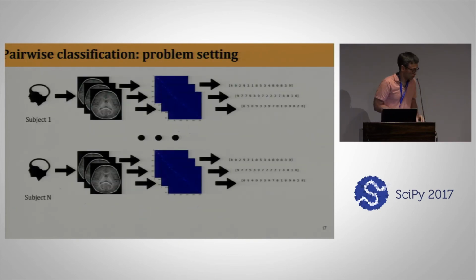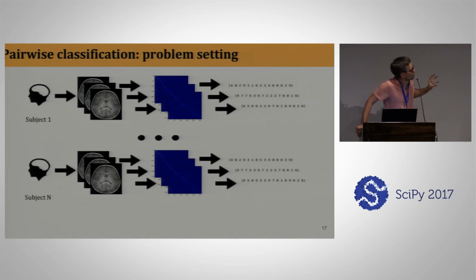So what exactly was the problem? We had different subjects, and for each subject we had different images. In our case, it was test-retest data, so it was images taken with a short difference of time. For different images, we had different brain networks. And for each brain network and selected feature mapping, we had different features.